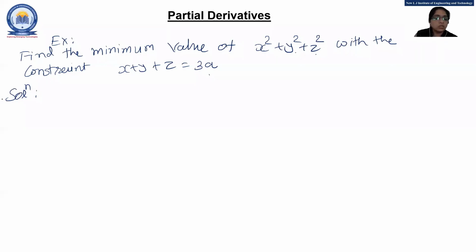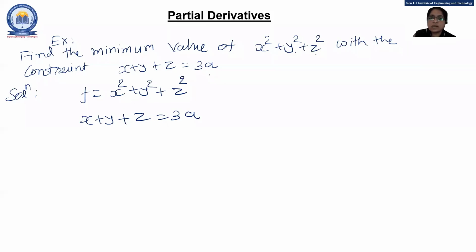Now, for the solution, we start with the given function, that is f is equal to x square plus y square plus z square, and our constraint, x plus y plus z is equal to 3a. Now we are eliminating z from the constraint, so z is 3a minus x minus y.